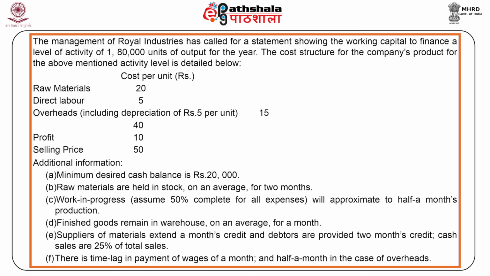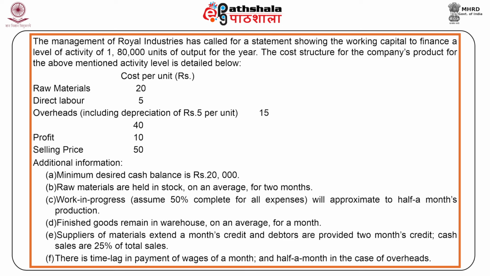You are also given additional information. Minimum desired cash balance is 20,000. Raw materials are held in stock on an average for 2 months. Work in progress, assume 50% complete for all expenses, will approximate to half a month's production. Finished goods remain in warehouse on an average for 1 month.